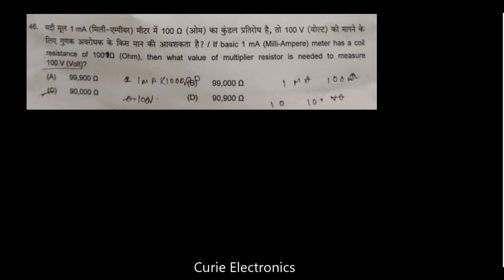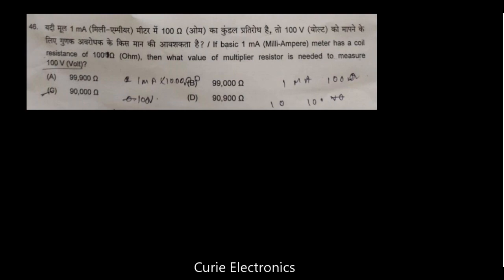Question number 46. If a 1 milliampere meter has a coil resistance of 100 ohm, then what value of multiplier resistor is needed to measure 100 volt? I think it is 100.